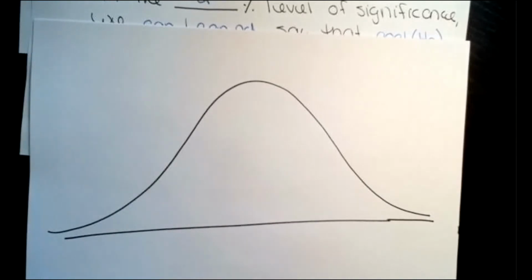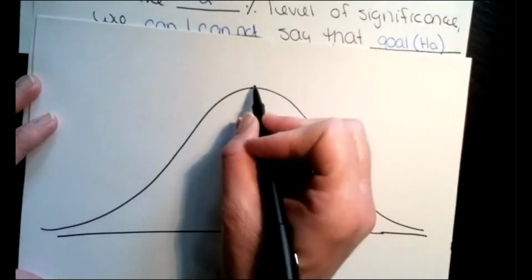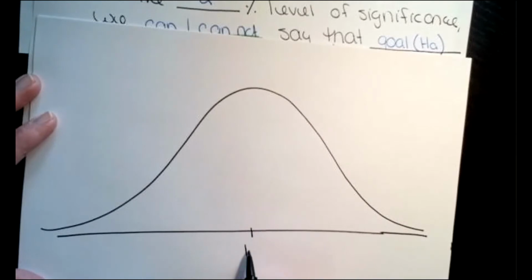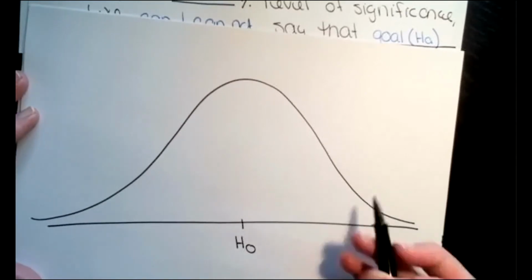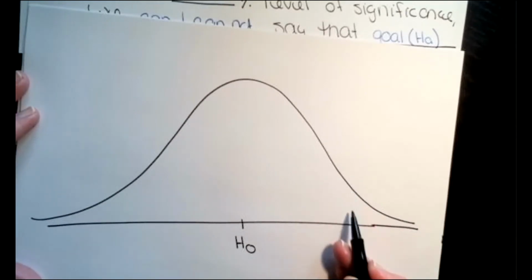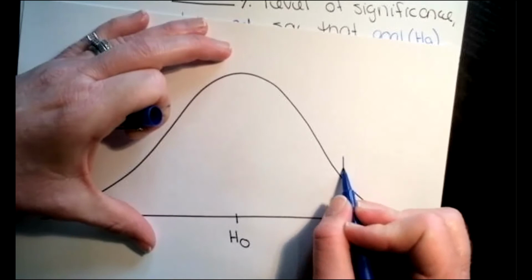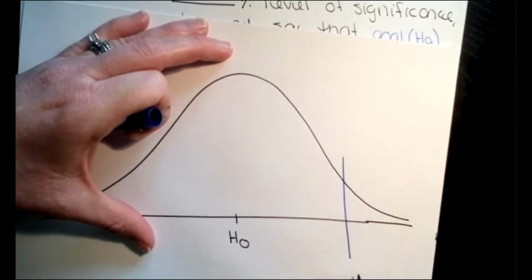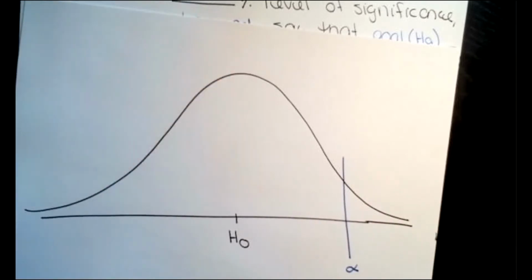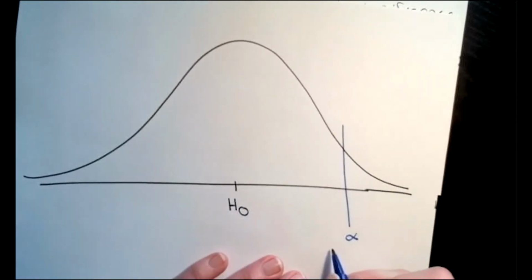Anyways. So if we have our curve here, our null is the center right here. Maybe we're looking at a greater than. Okay, so we're looking up here on the right. So let me just kind of fill this in, and I'm going to just use a blue. So maybe this is like my alpha, whatever it is, okay? My level of significance.